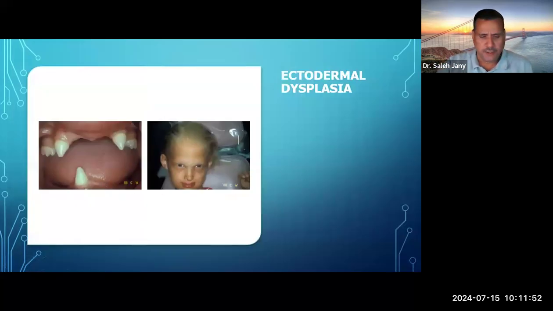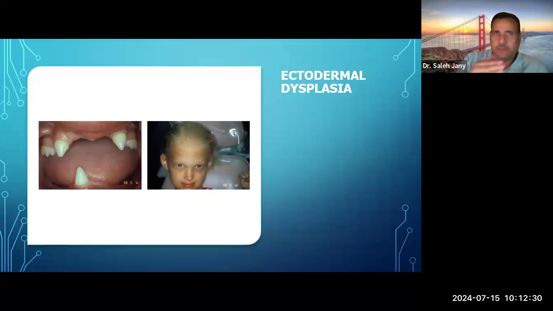Ectodermal dysplasia. Remember, it's common now. I've seen it in white people, ectodermal dysplasia. Remember, when the embryo grows, it changes to 3 layers: 2 layers first, ectoderm and endoderm, and a third layer becomes between them, called mesoderm.